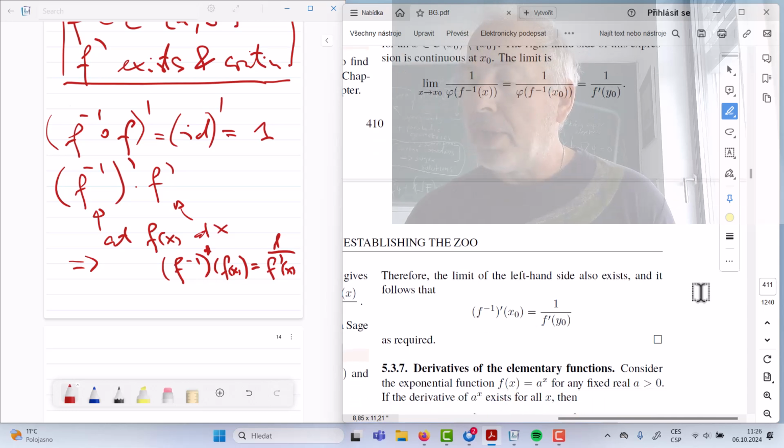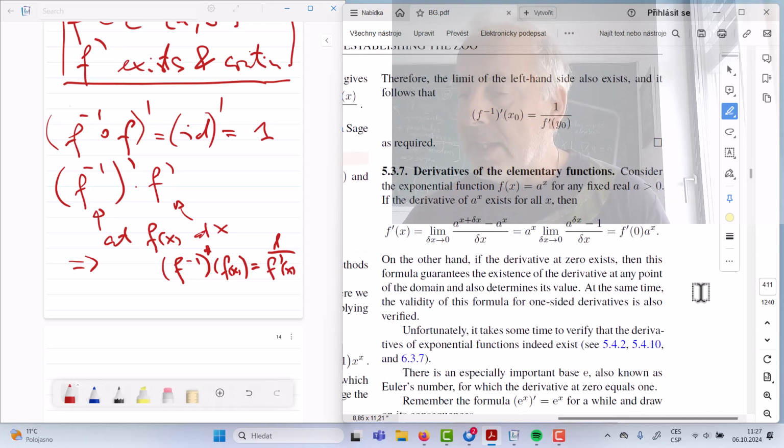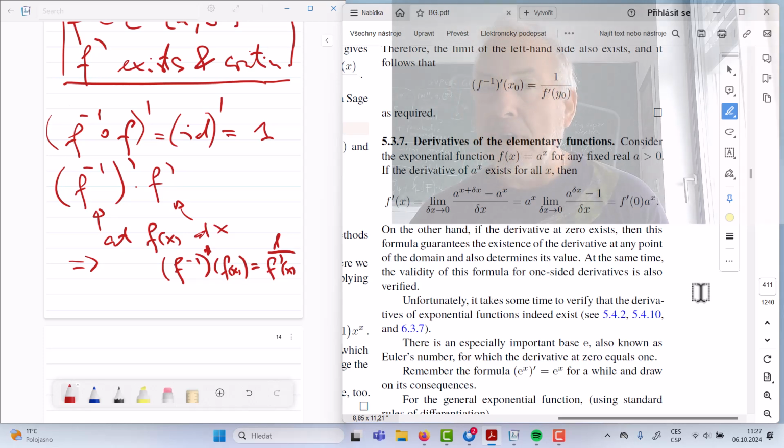So you don't have to take care. And that's the reason why, if the derivative is the right one, it grows, and then it's okay. Let's have a look at how it is with the elementary functions. We know how to differentiate the polynomials.